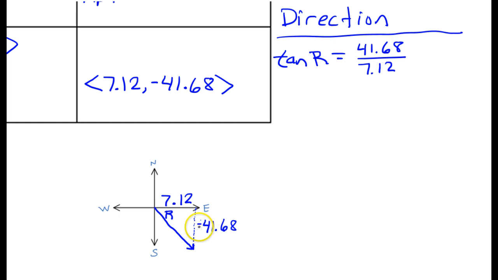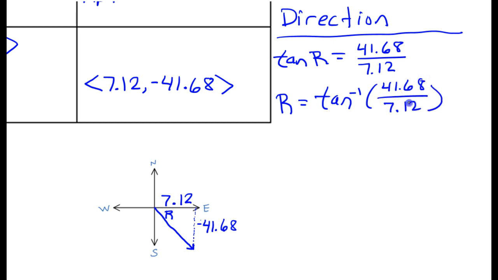Again, I'm ignoring the negative sign because I just want a positive r. So that means the reference angle should equal the inverse tangent of 41.68 over 7.12. So just put that in your calculator. So the reference angle turns out to be 80.31 degrees.